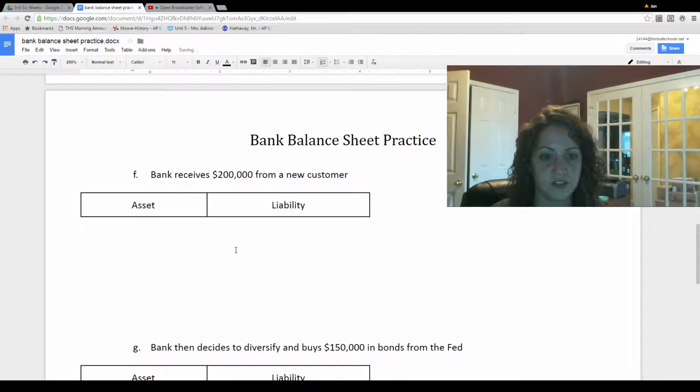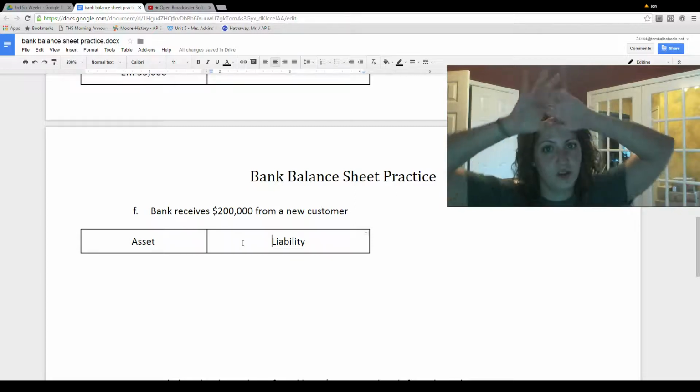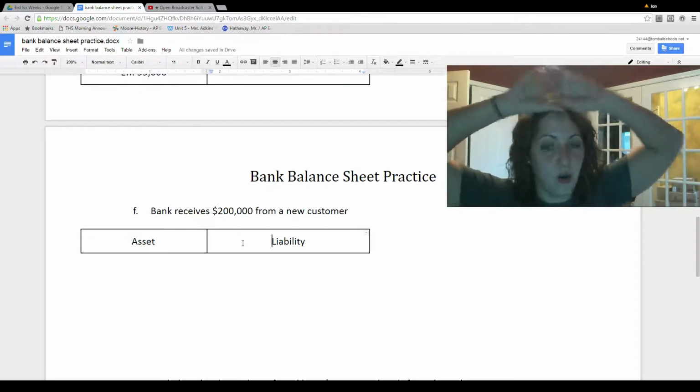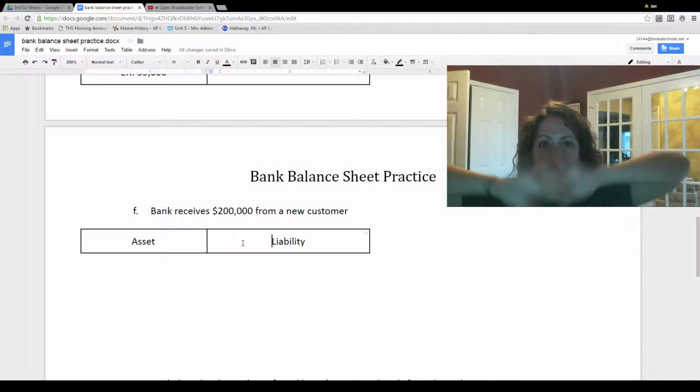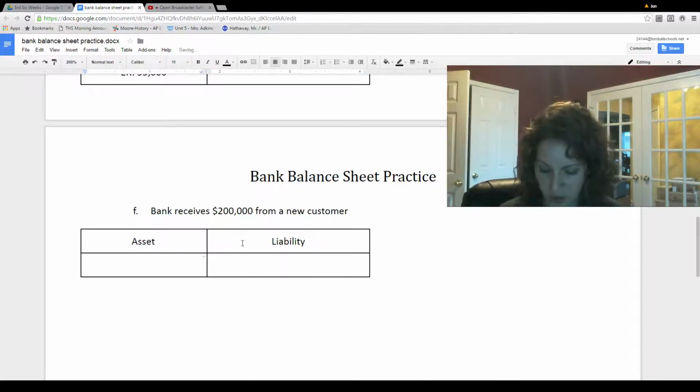The bank receives $200,000 from a new customer. Okay, so what do you do? Once again, you always drag down the stuff that did not change. Okay, so property didn't change. $200,000 in property. $250,000 in stock for a liability.